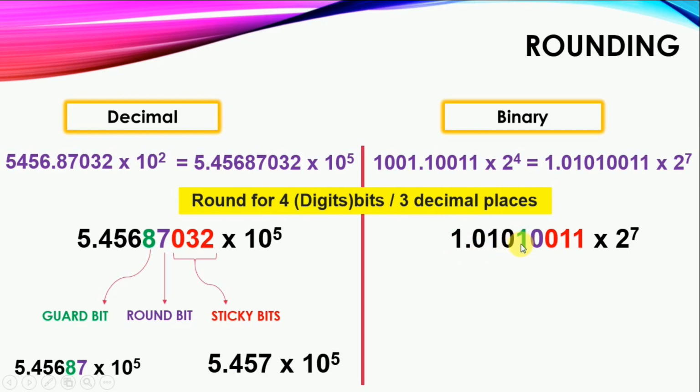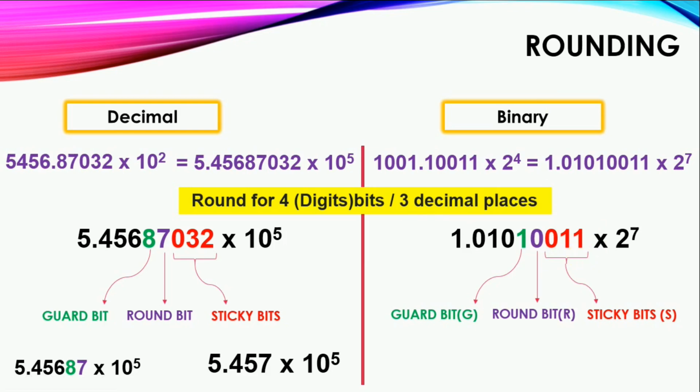The next immediate extra bit is known as the guard bit, the first extra bit. The second extra bit is known as the round bit. The remaining bits are sticky bits. Sticky bits may not be a single bit; it can be a combination of bits. The extra bits coming after the round bit are known as sticky bits.